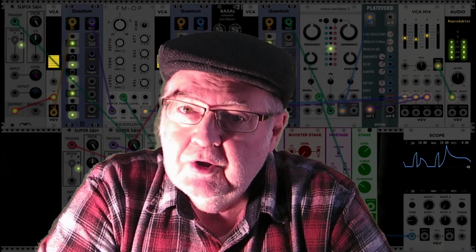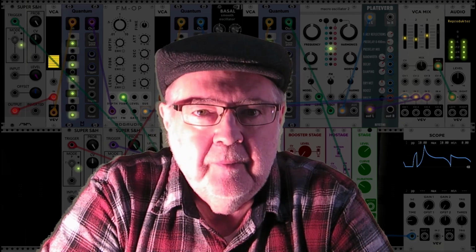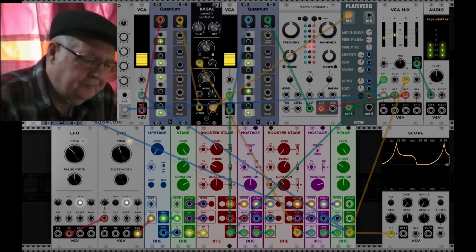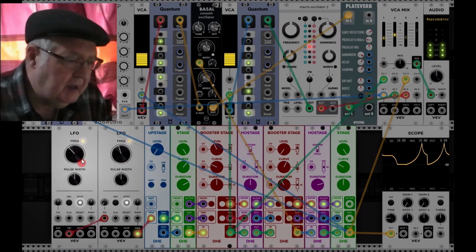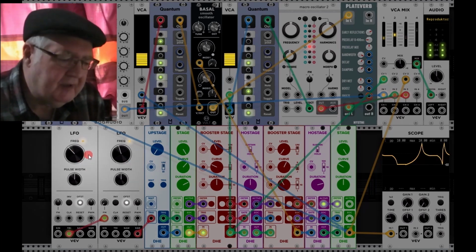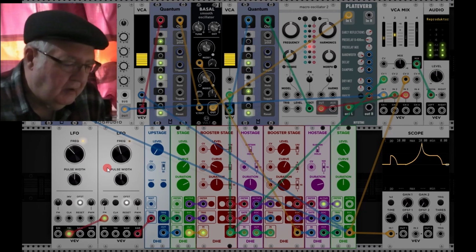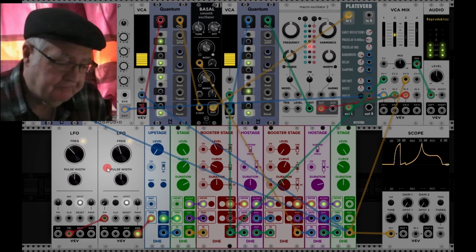Instead of making the envelope loop, I'm going to trigger the beginning of each envelope by LFOs now. The rate of the trigger LFO, the right one here, is modulated by the left LFO, and this results in envelopes of different lengths.